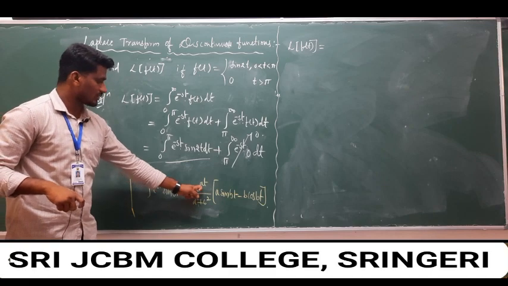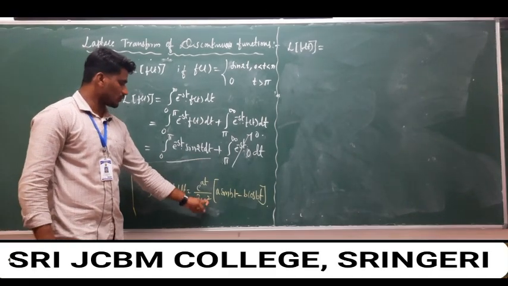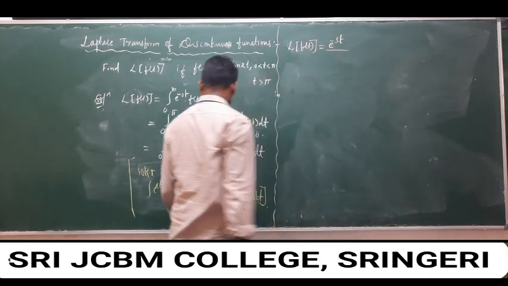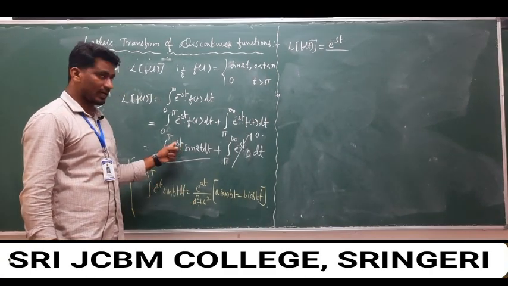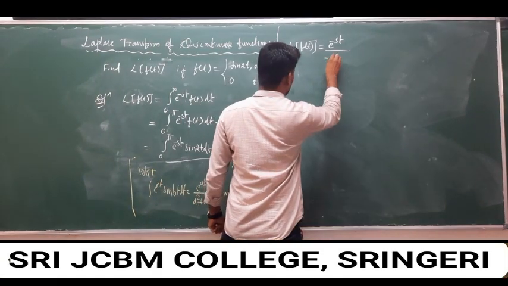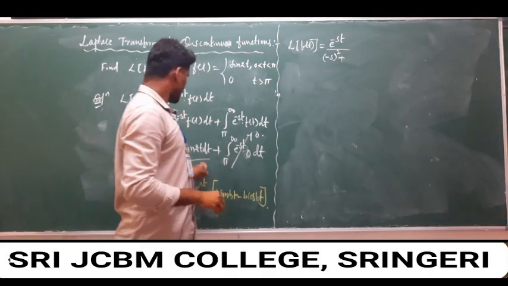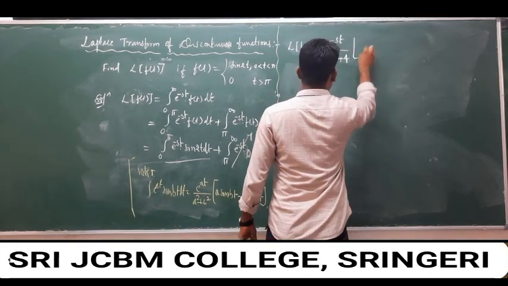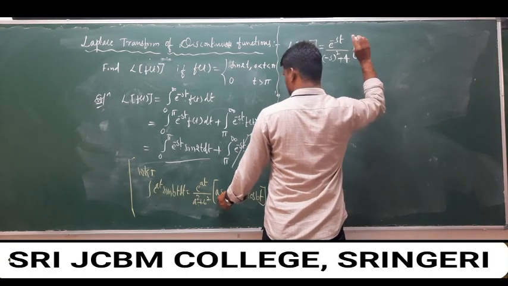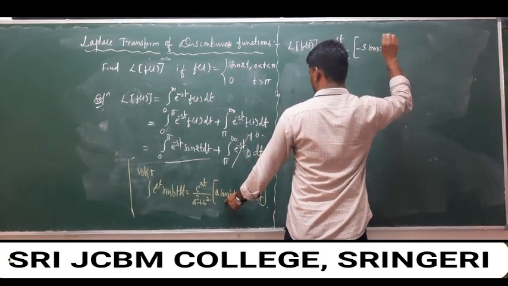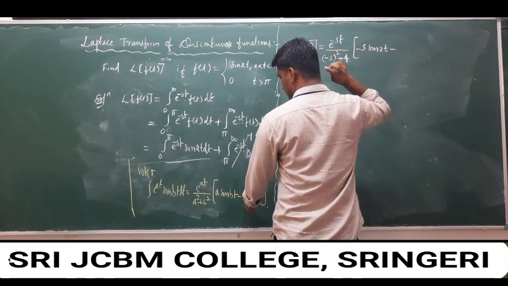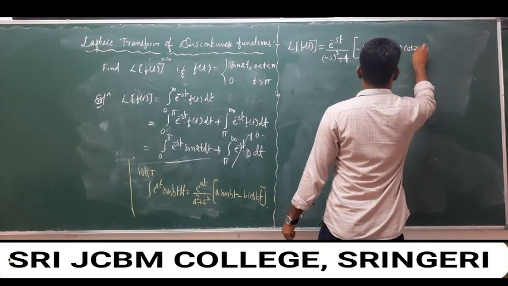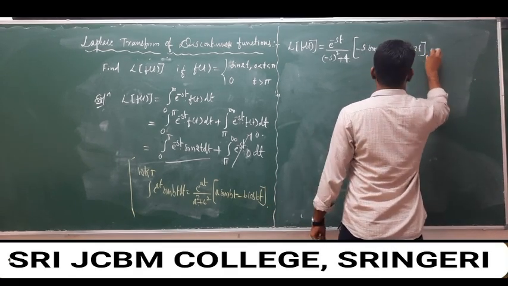So we substitute minus s for a and 2 for b. So e^(-st) over a squared, which is minus s squared, plus b squared, where b is 2, so 2 squared is 4, and again a is minus s, so sin 2t minus b, which is 2 times cos 2t, and the limit values are 0 to infinity.